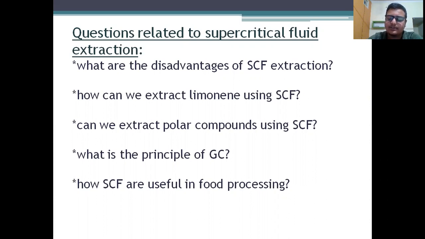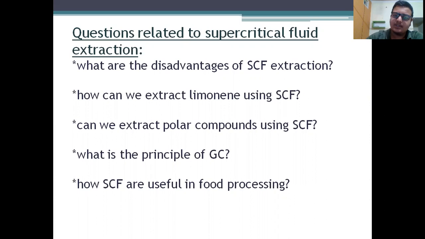And in order to extract many essential oils like vegetable oil or fish oil, we can use supercritical fluids. And in order to extract any flavors, we can use supercritical fluids. So these are all the applications of supercritical fluid in the field of food processing.